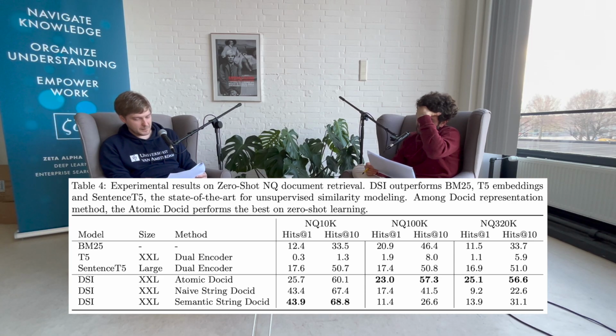Something that I'm just now realizing that I don't quite understand is how could it be that the hits at 10 for the smallest data set versus the middle data set, for BM25, why would the results be better on the larger data set? Shouldn't they be monotonically harder as there are more documents?